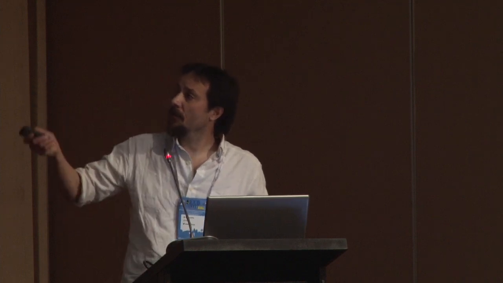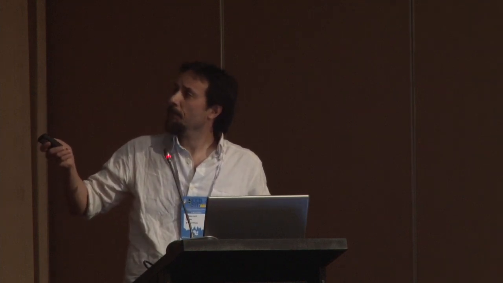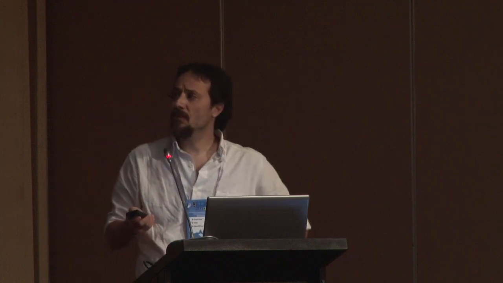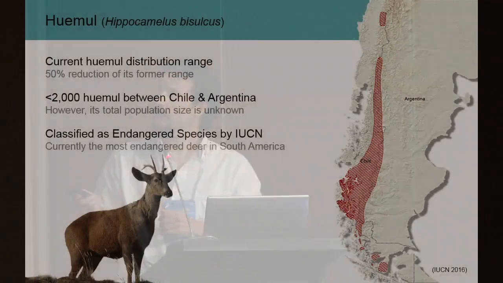Hi, everyone. Well, Huemul is a deer species endemic from the southern part of South America, specifically from the Andes, with a long distribution along the Andes. It's an endangered species, mostly because the abundance has got low, and also the distribution range is lower than 50% of the original distribution.